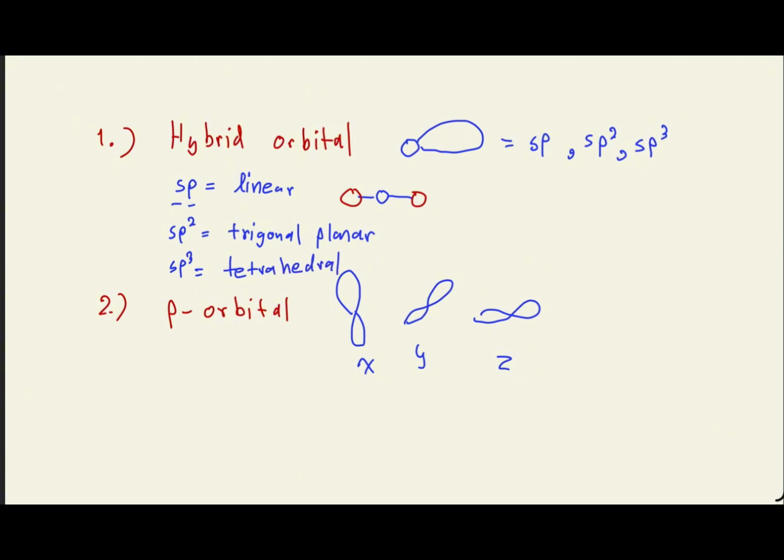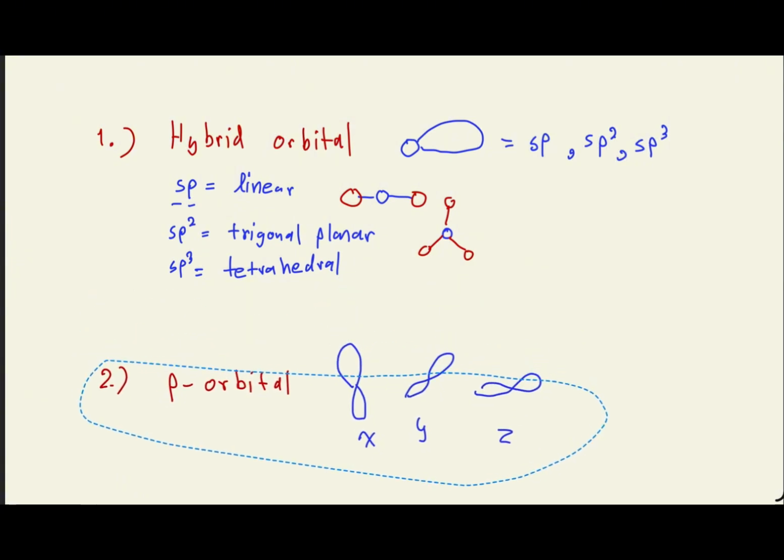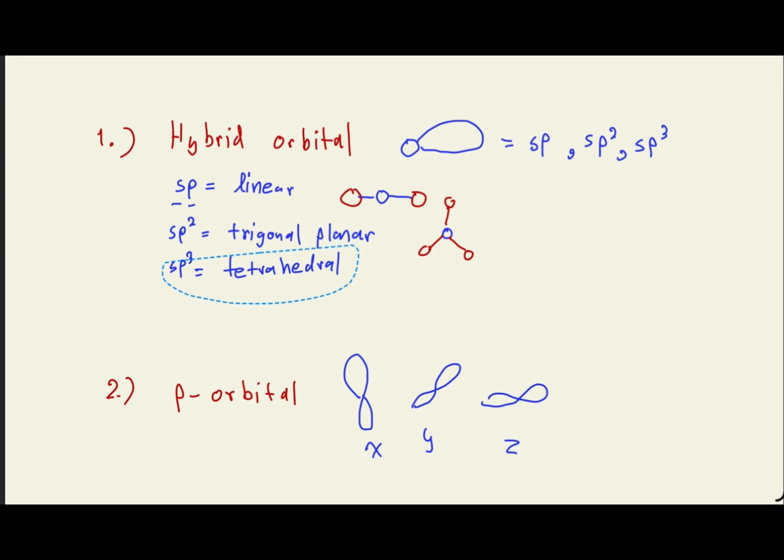The trigonal planar shape has three atoms attached, forming a triangle. For the tetrahedral shape, it has four atoms attached. It looks like a four-faced pyramid, as we know.